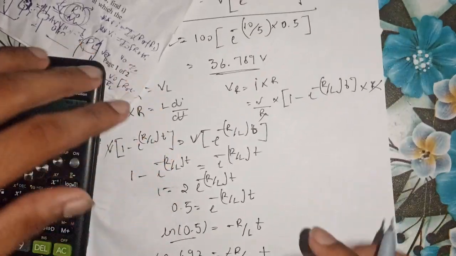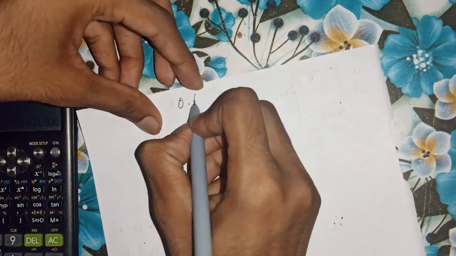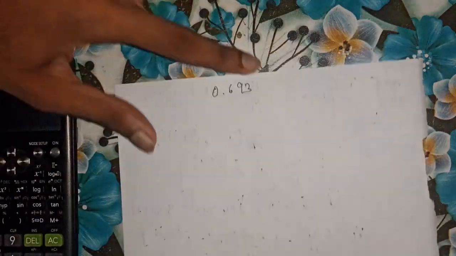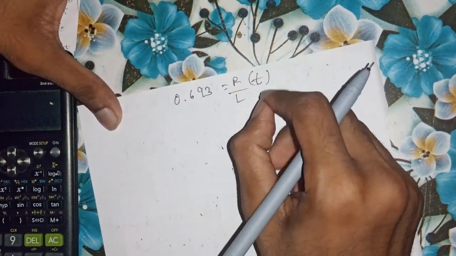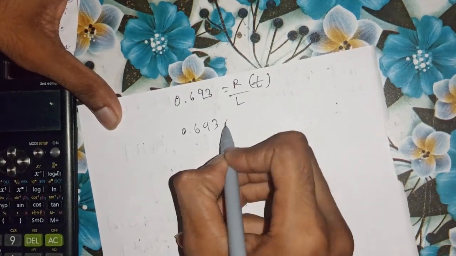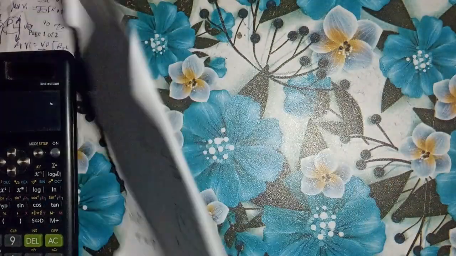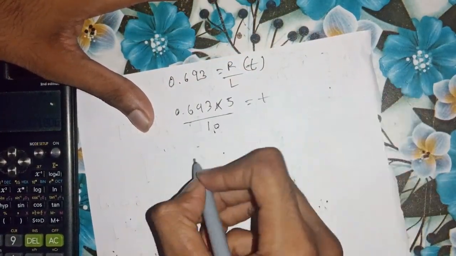Minus minus gets cancelled. So 0.693 is equal to R by L into t. Since we have to calculate the value of time, 0.693 multiplied by inductance value 5 Henry and divided by resistance 10 ohm, which is equal to time t.